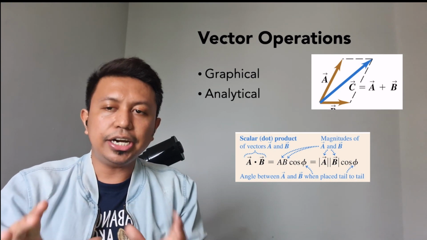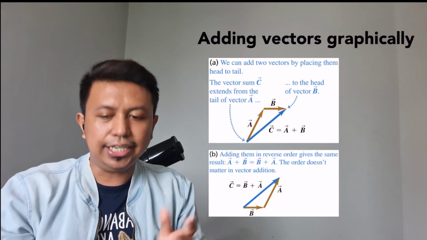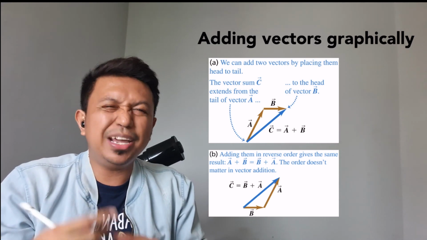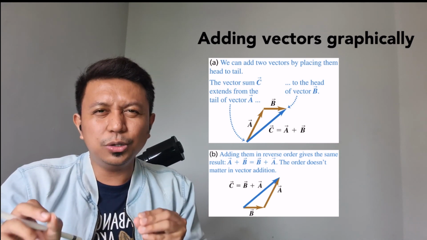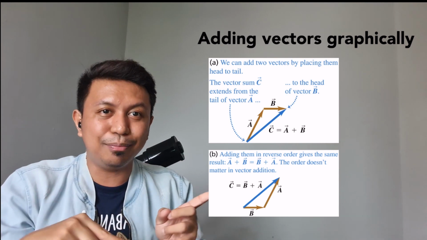So here, we will be looking now at the graphical way to add your vectors. Adding vectors graphically. To add vectors graphically, basically, you just have to connect the tail and the heads. So we call this the head to tail method.